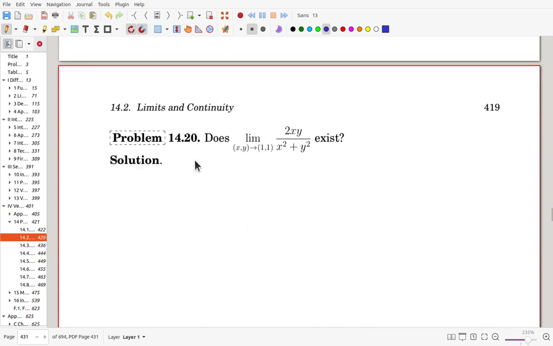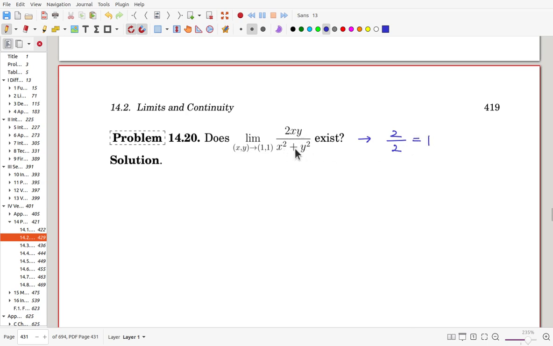Okay, how about this one? For this one, does the limit exist? Of course. The point is (1, 1), so once (x, y) approaches (1, 1), the numerator approaches 2, and the denominator also approaches 2. So that must be 1.